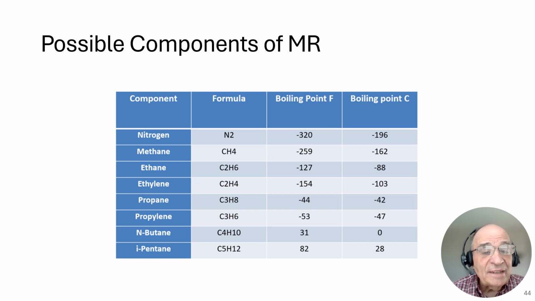You still need the methane and nitrogen in order to get those cold temperatures, but in order to condense into a liquid and vapor at ambient temperature, you need these other, less volatile components of isopentane, propylene, ethylene, whatever your mix is. You match it to both your feed gas and your condenser temperature.